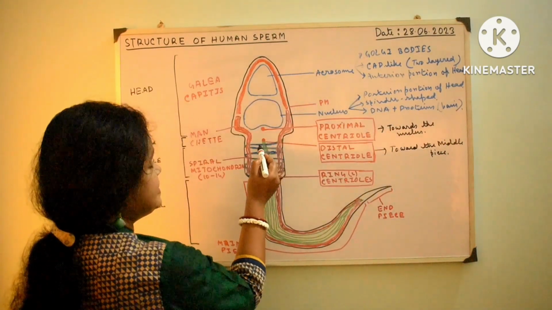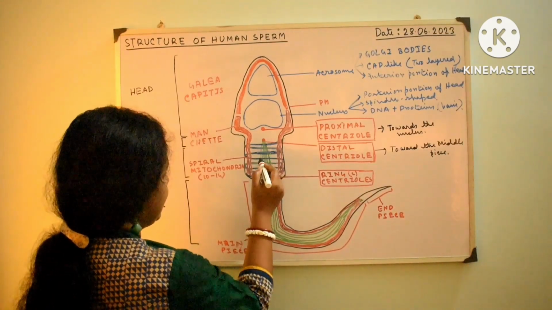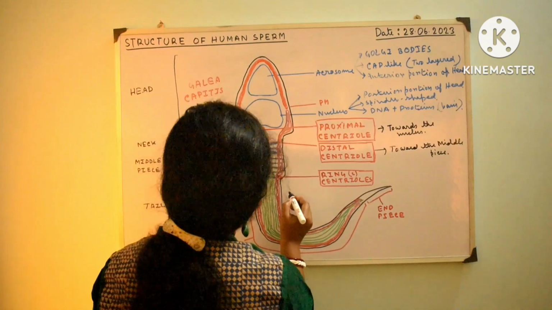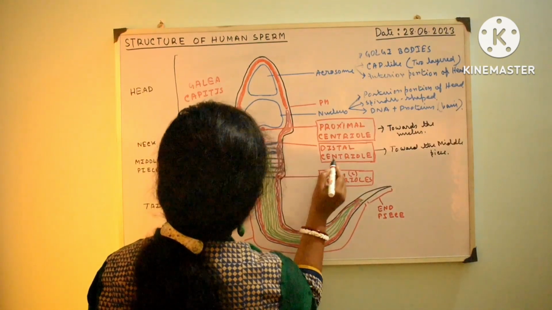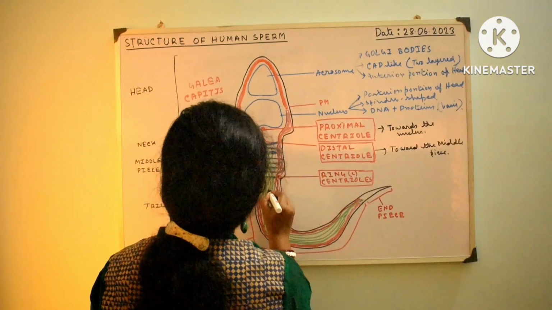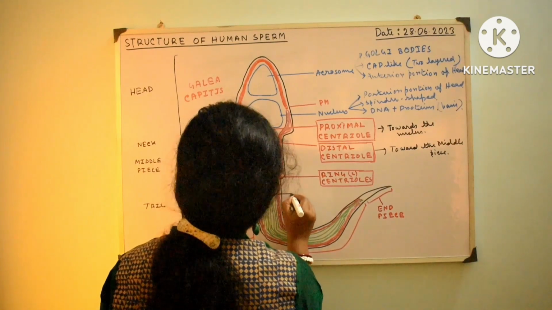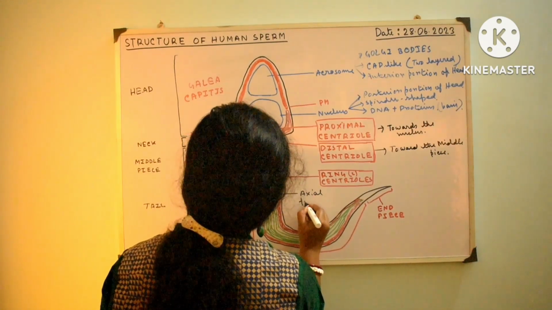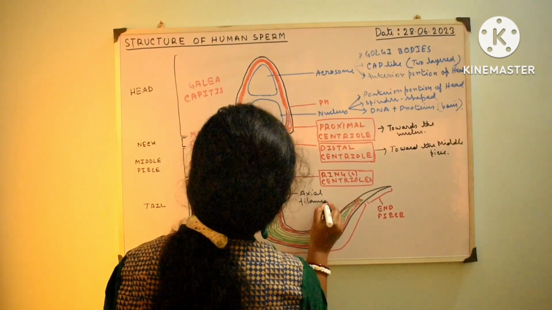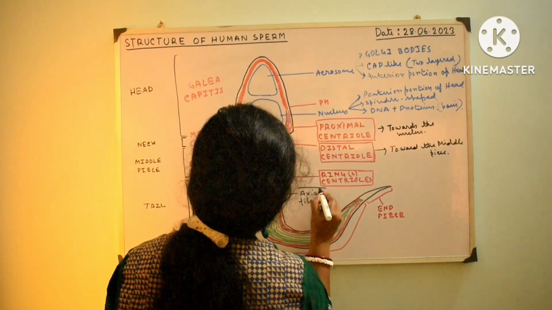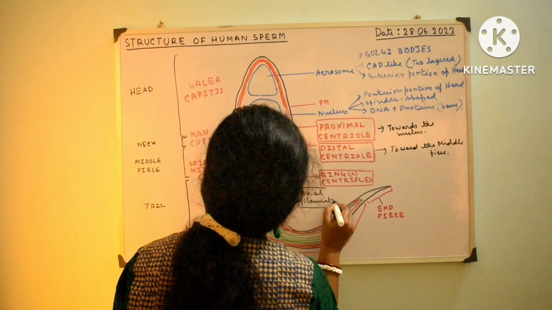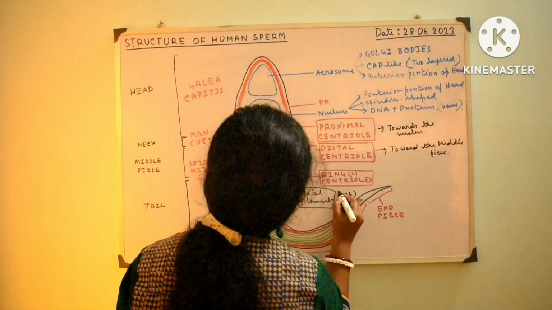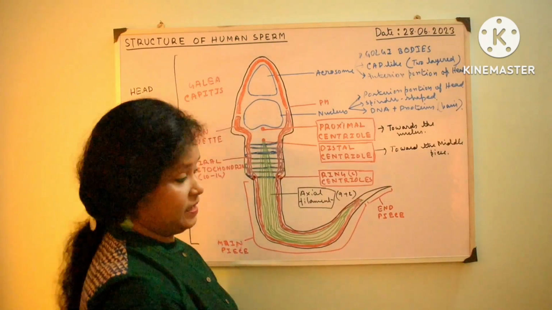And from this distal centriole, many axial filaments are generated. All of these are known as axial filament, with a 9+2 microtubule arrangement.